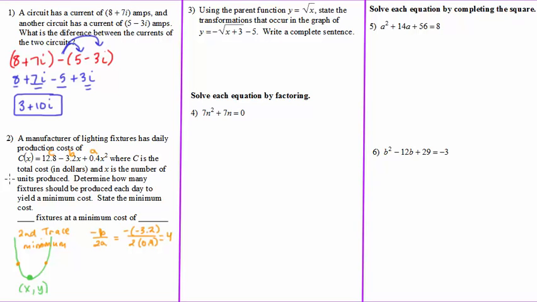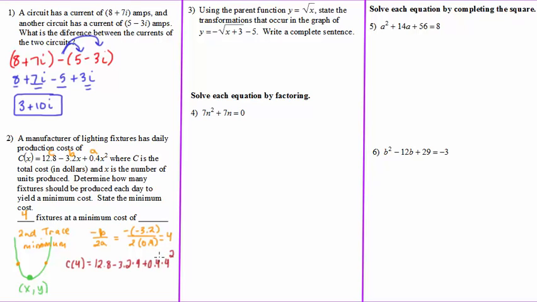So that's going to be how many fixtures we want to make, and then to figure out how much that would cost us, we have to plug that into our formula. C of 4, so 12.8 minus 3.2 times 4 plus 0.4 times 4 squared.